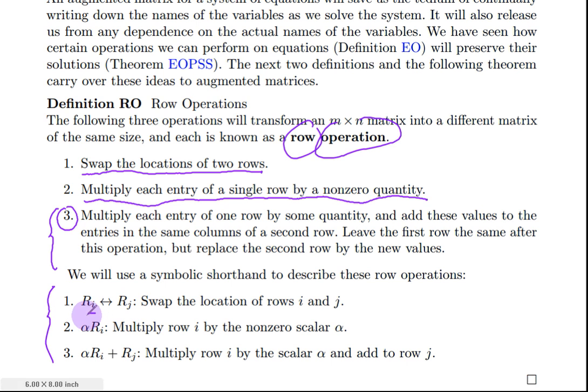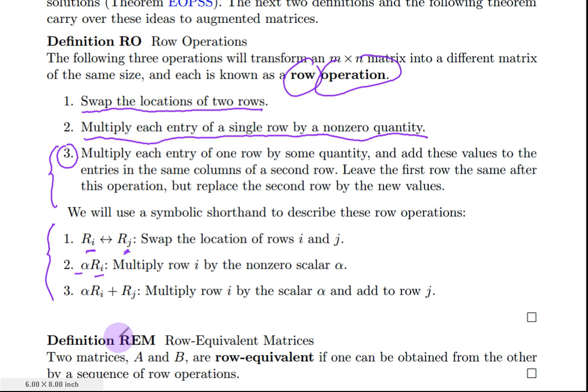This means I swap row i with row j. Of course, when you're doing a real example, you'll have a specific value for i and a specific value for j. Or I can multiply row i by a constant, or I can multiply row i by a constant alpha and add it to row j. So these three row operations correspond to the equation operations we've talked about before.